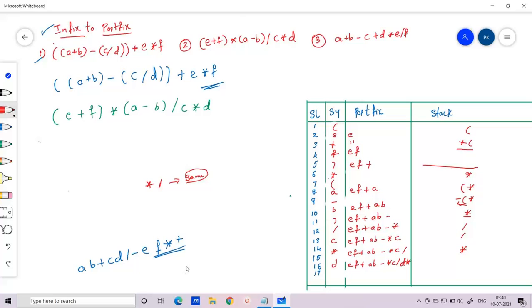So the final result will be ef plus ab minus into c divide by d into. So this will be our final result for the second problem. Hope this is clear, and we'll go with the next problem.